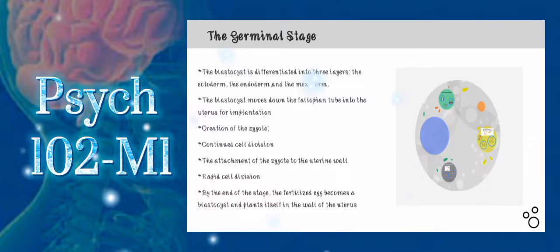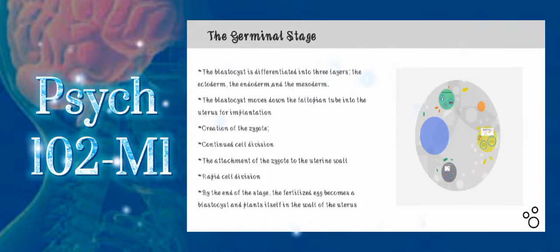Now let's begin with the germinal stage, the first stage of prenatal development. During this stage, the blastocyst is differentiated into 3 layers: the ectoderm, the endoderm, and the mesoderm. The blastocyst moves down the fallopian tube into the uterus for implantation.